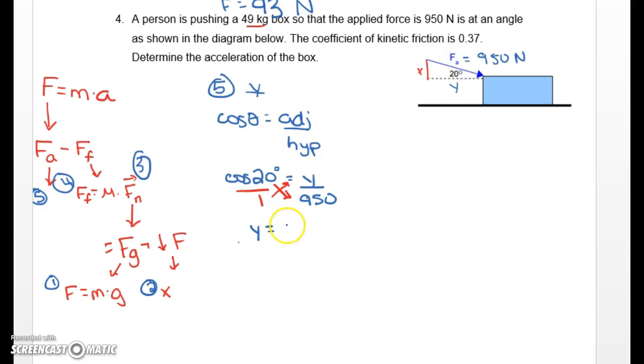So here we have that y is equal to cosine of 20 degrees times 950, and that should give us 892.71 on our calculators, and I'm just rounding there. And keeping track of our sig figs, we have 950 has 2 sig figs, so same here, we'll have 2 sig figs as well.